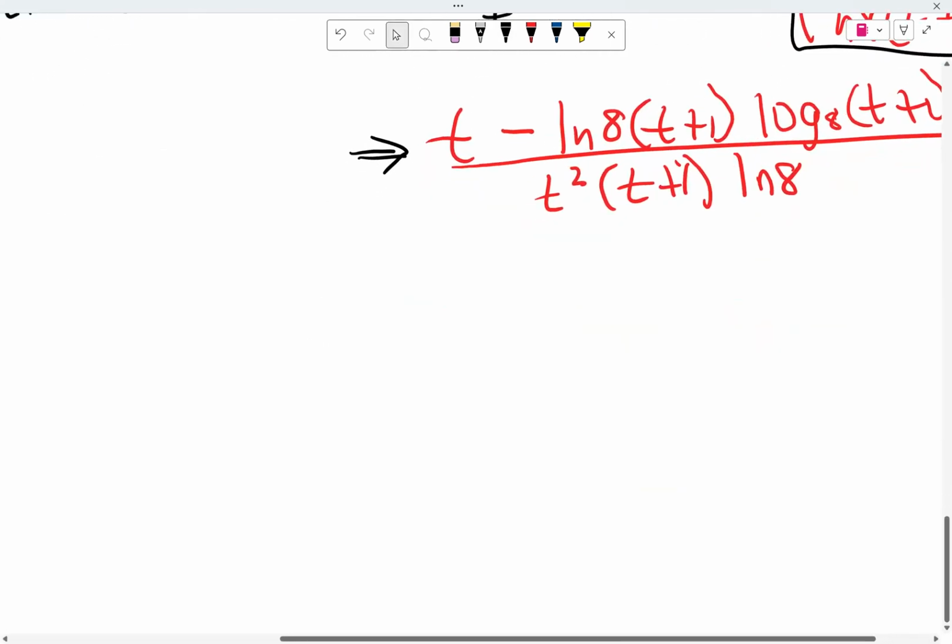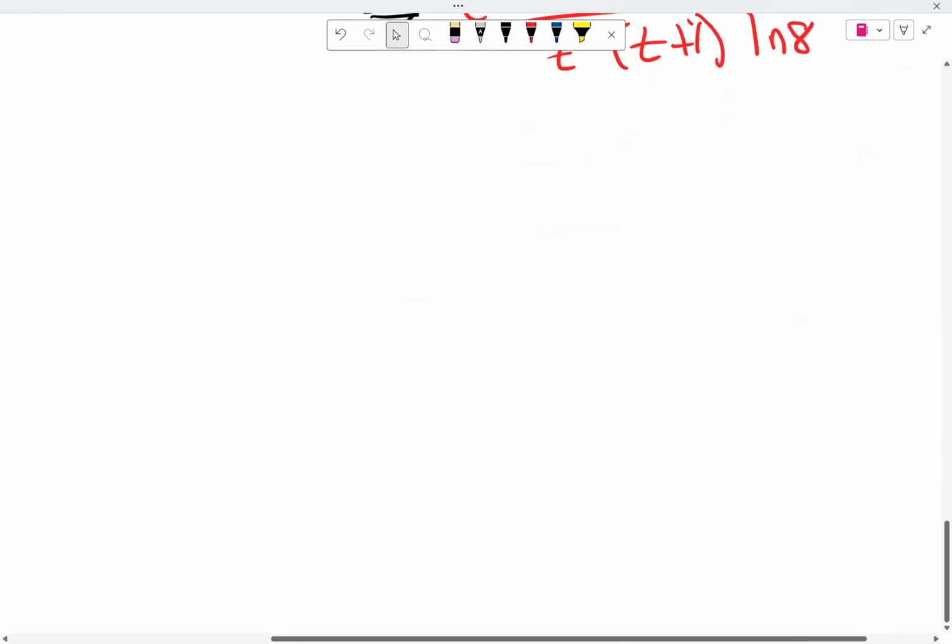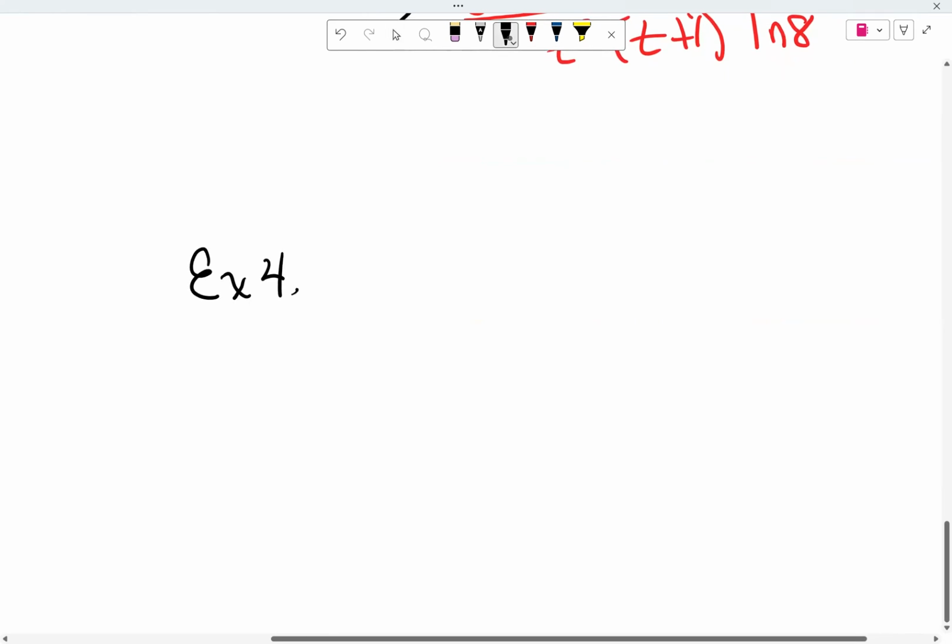Okay, I'm going to do example 4. So in example 4, we're still dealing with finding the derivative of functions, and the only thing that changes here is now we have a base e and an x squared.